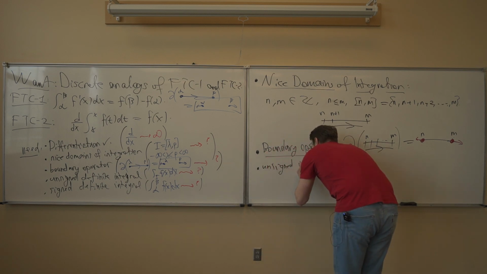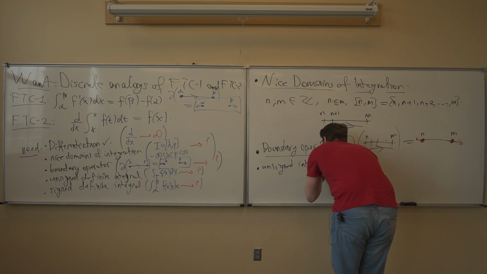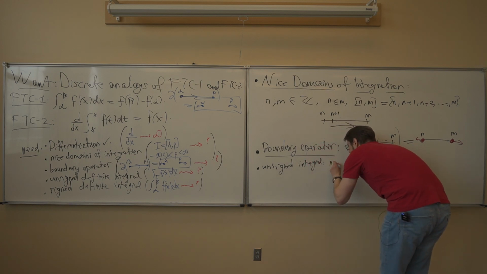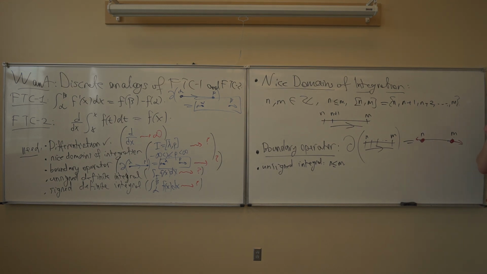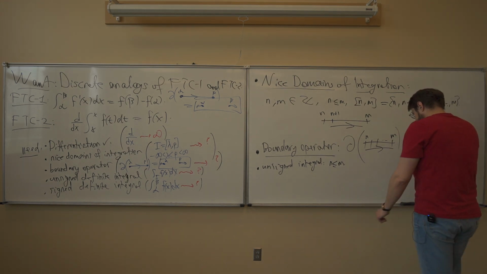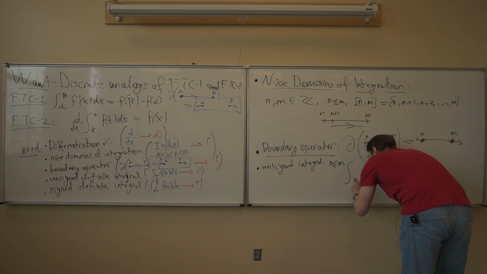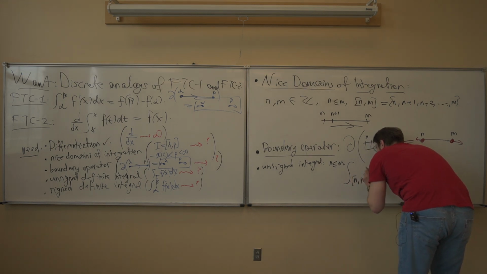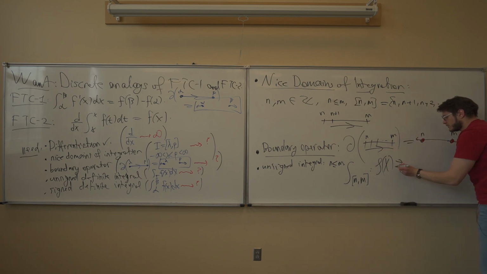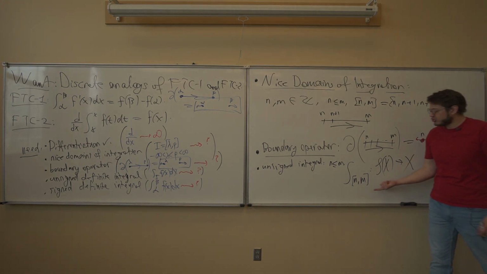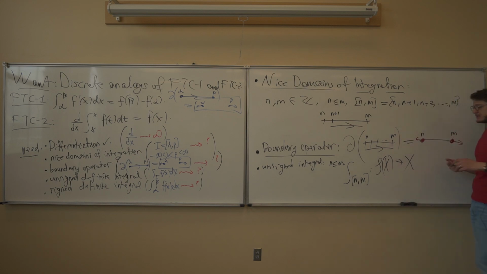So, the unsigned integral. I have two integers, n and m. N is less than or equal to m. And again, I'm going to write it like this. This is going to be from the set of sequences to x. Now, it turns out that in this case, too, every sequence is going to be integrable.